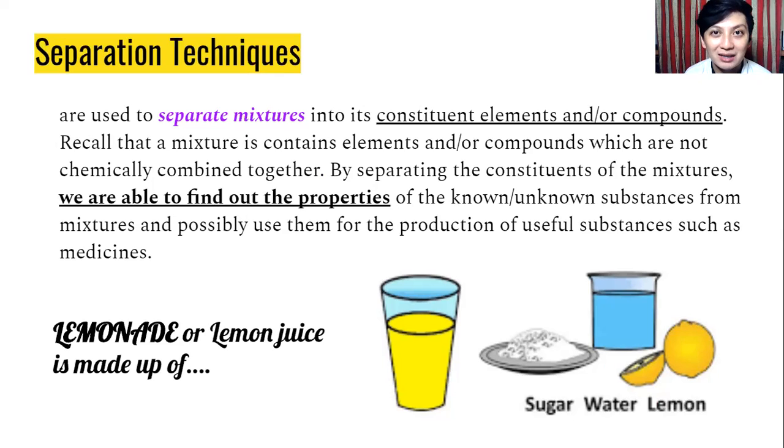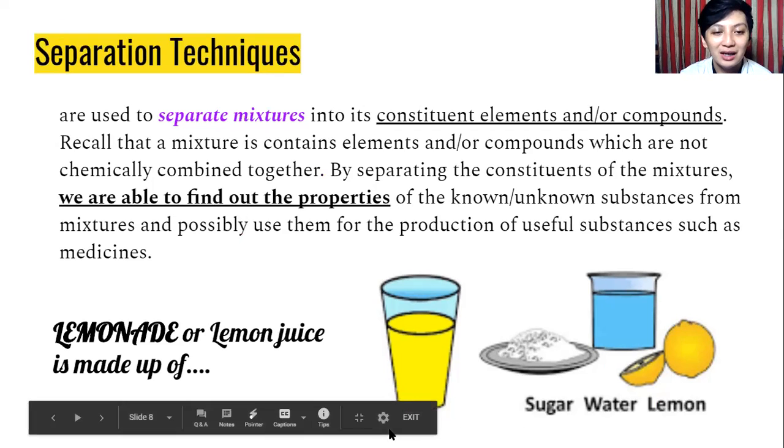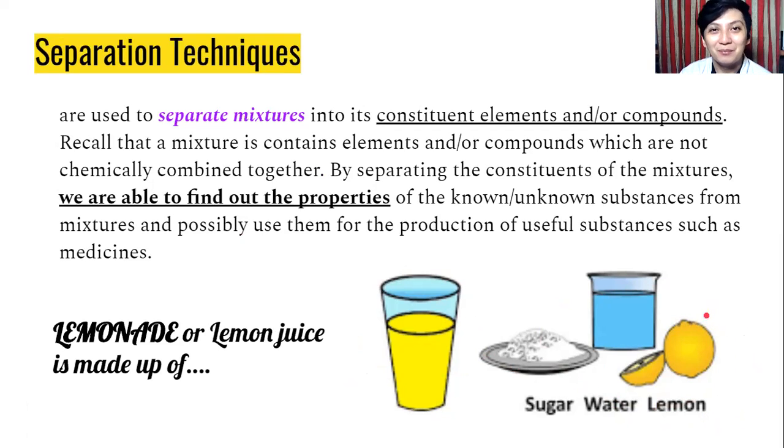So in our example here, we have the lemonade or the lemon juice. And we all know that the lemon juice is made up of sugar, water, and then lemon. So that's how we are going to separate our mixture when we use these different separation techniques.